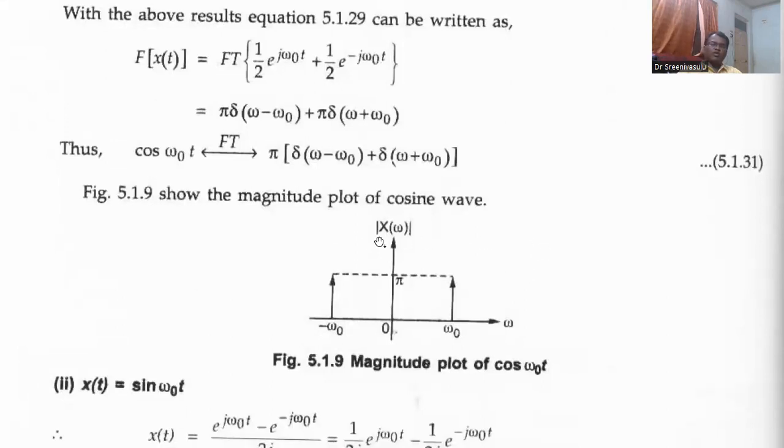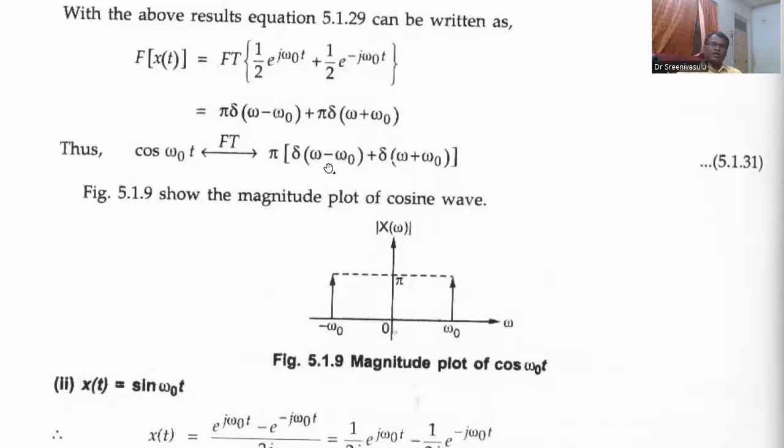Now, if you want to draw the magnitude spectrum of cos omega naught t, we are going to have frequency components only at 2 frequencies. One is at omega equal to omega naught. Another one is at omega equal to minus omega naught, because the delta function exists only at omega equal to omega naught and omega equal to minus omega naught.